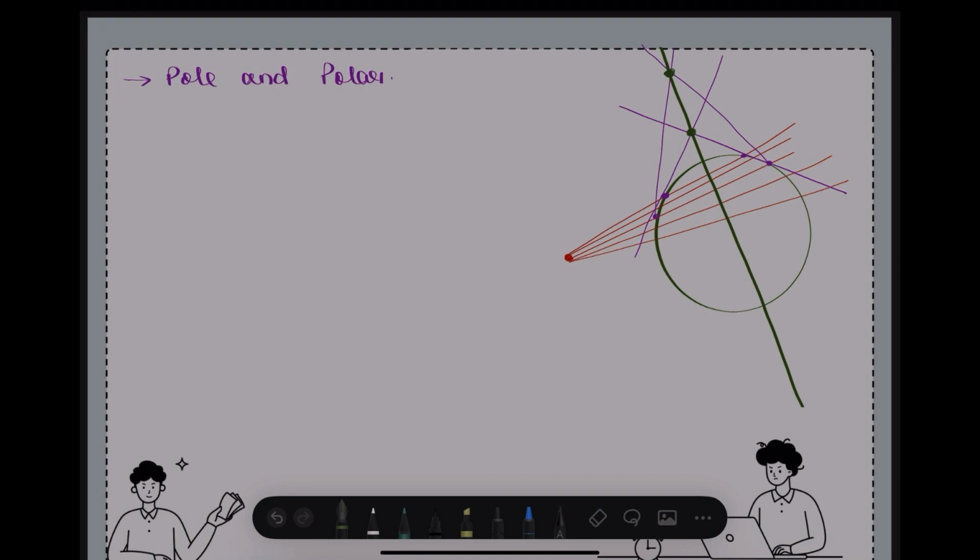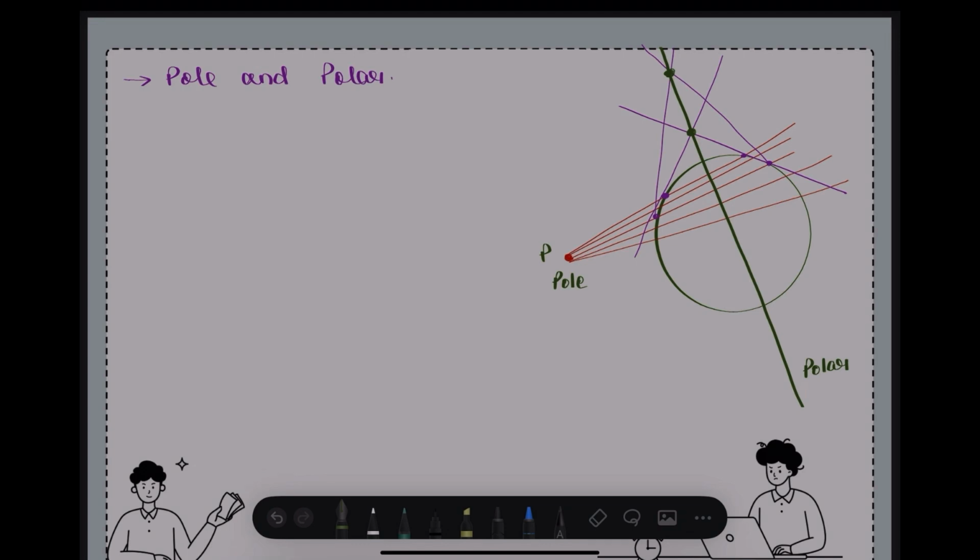Okay, so this point is known as pole and this line is called polar. Polar of a point P. Suppose it is point P. So point P will be pole and this line will be polar.